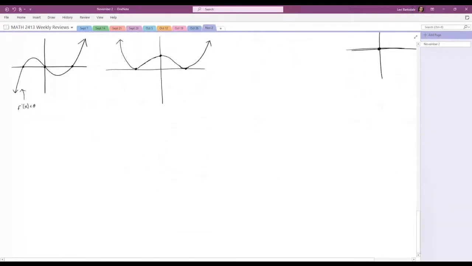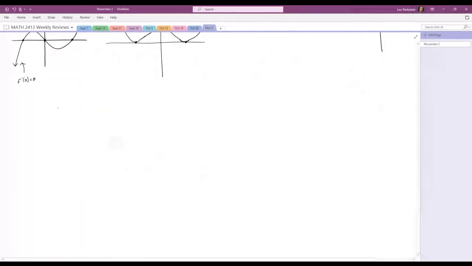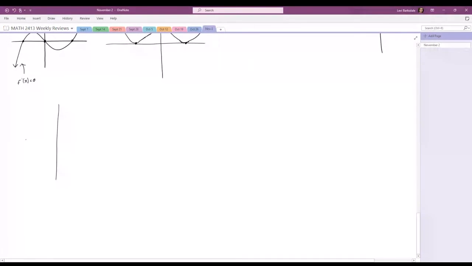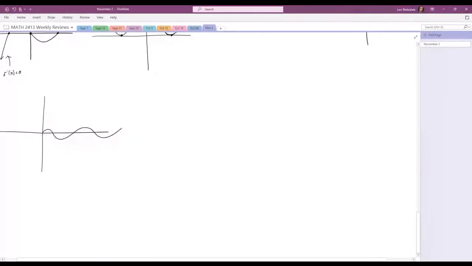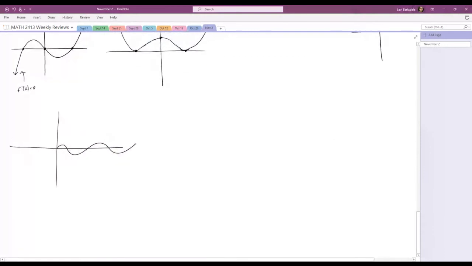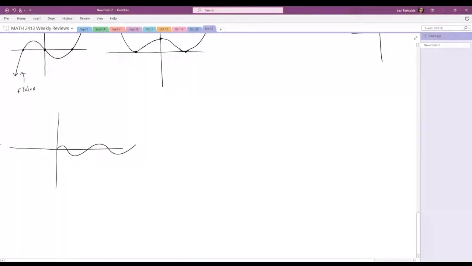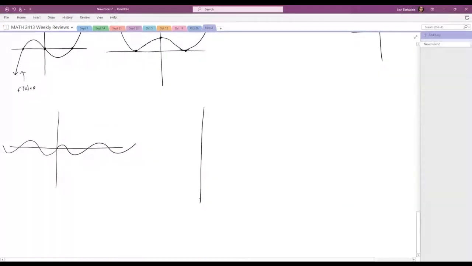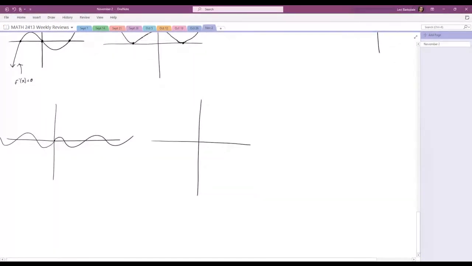For example, let's say we started out with a trig function, so just sine x. Well then, if we sketch the derivative of this, we're going to have 0 points here, here, here, here, here, here, here, and so on. Or in other words, our derivative should equal 0 here, here, here, here.